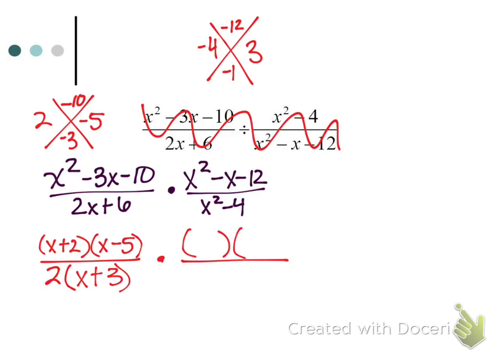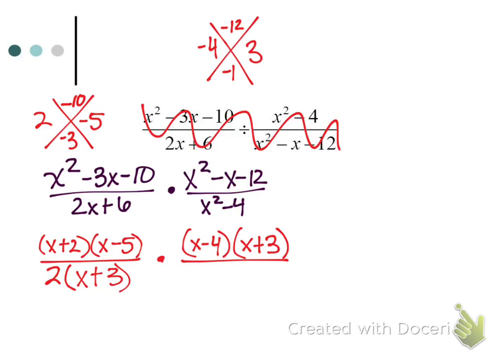So I need somebody new to help me fill in my factors. Deshaun? Good. So instead of putting plus a negative, I'll just put x minus 4 and x plus 3.